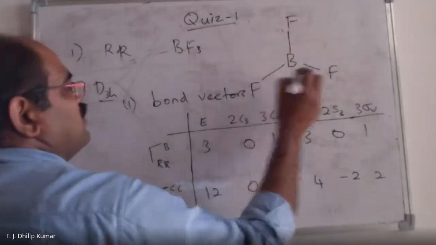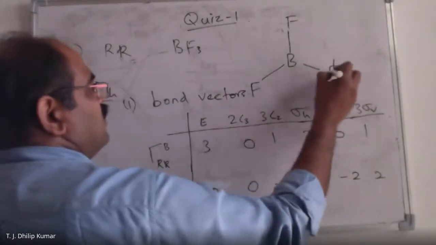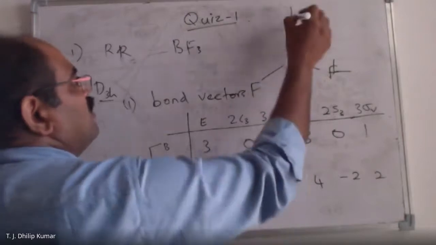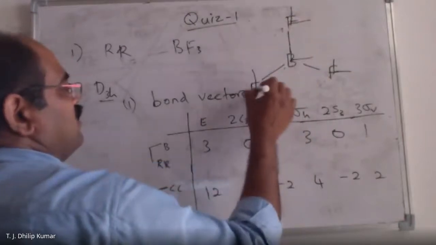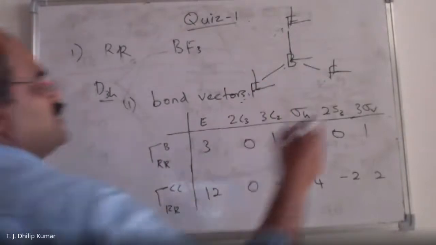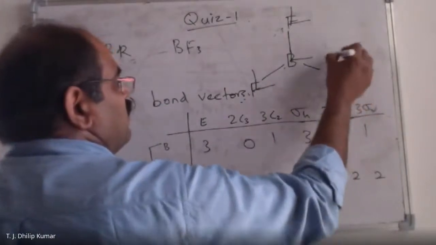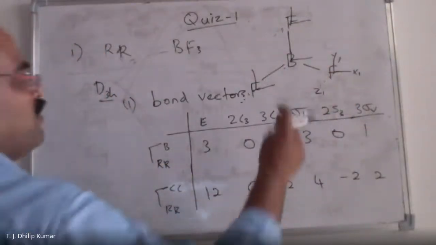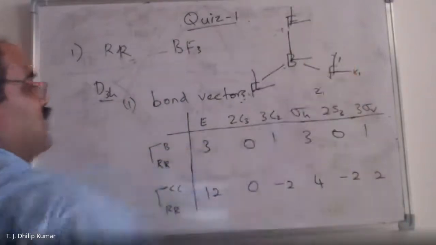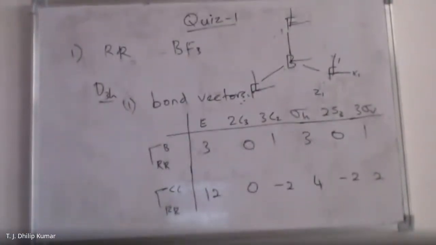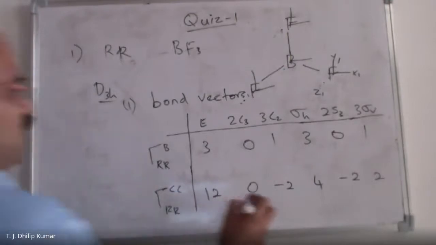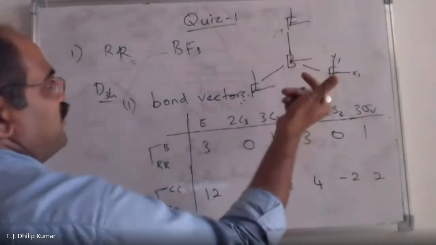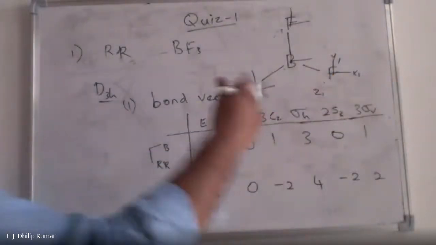There will be 3 vectors on each atom, so you label them X1, Y1, Z1, and so on. The 12 is nothing. When you perform C3, everything gets shifted, so that gives 0. Whereas if you perform C2, and rotate it this way, two atoms change position, so that gets 0.